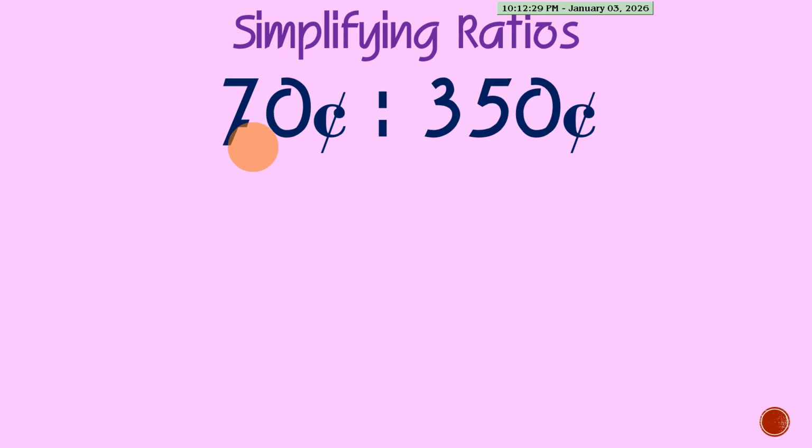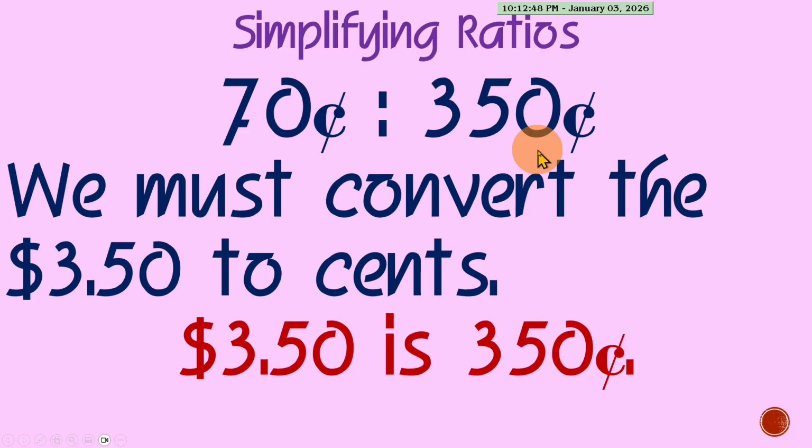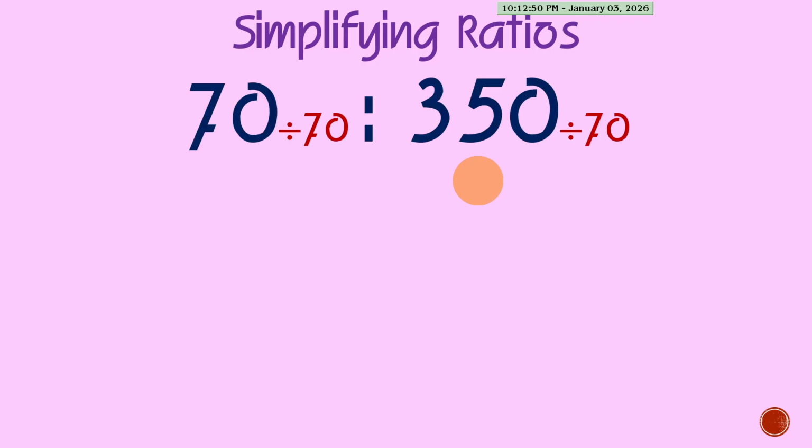So here we have 70 cents. And notice I already put 350 cents because $3.50 has to be converted to cents so that we can have the same unit. So now that we have the same unit, we can simply focus on the 70 and the 350. Of course, 70 is going to be the HCF.